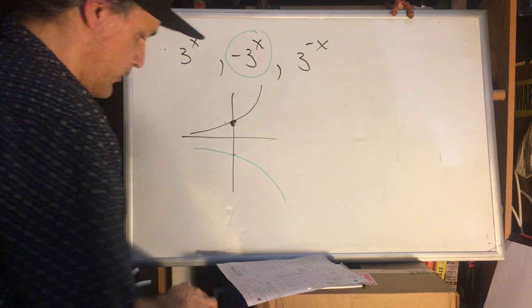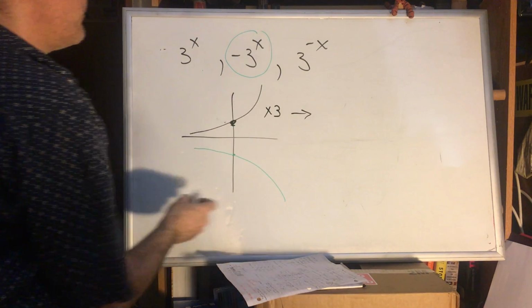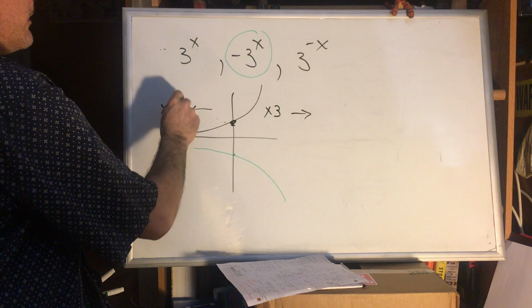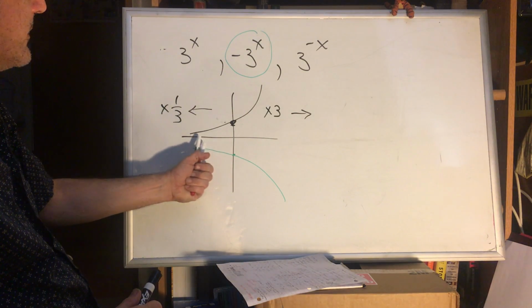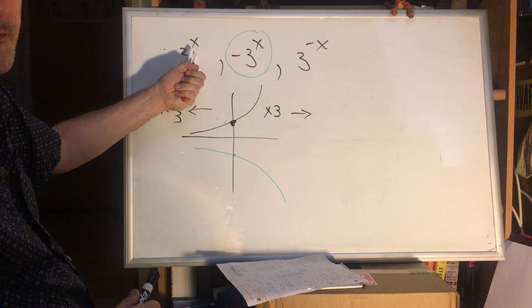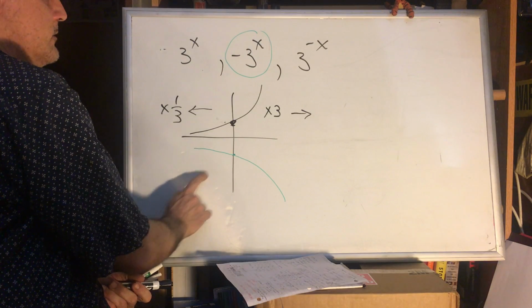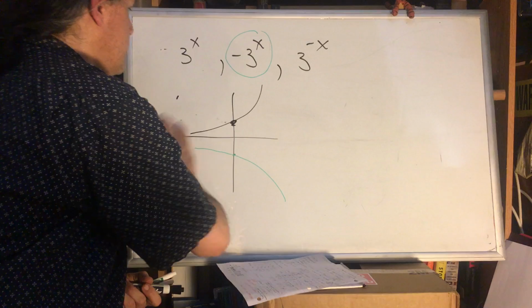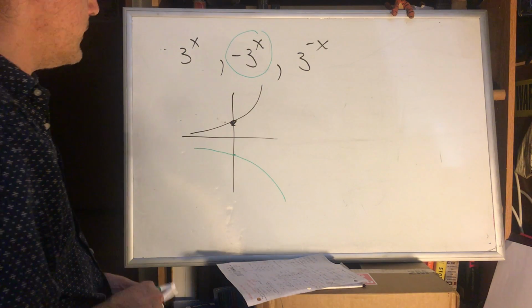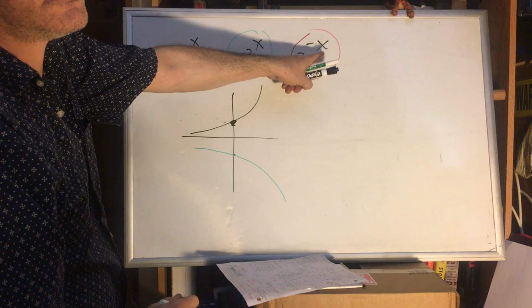Okay, and the way this works is we're multiplying by 3 as we go that way, whereas when we go this way, we're multiplying by 1/3, because we're going to be using negative x's, which means the reciprocal. So then the only difference here is that they're negative. And then the last one, this is where you change the sign of the x.